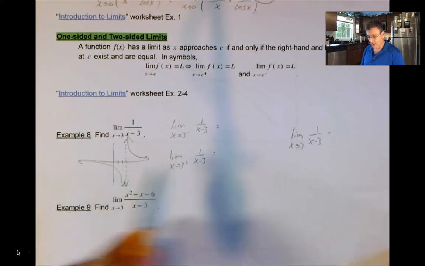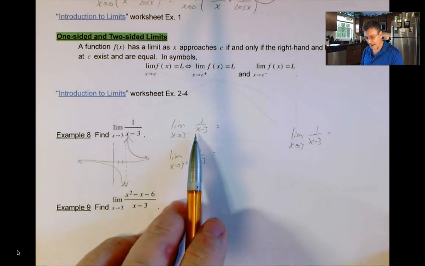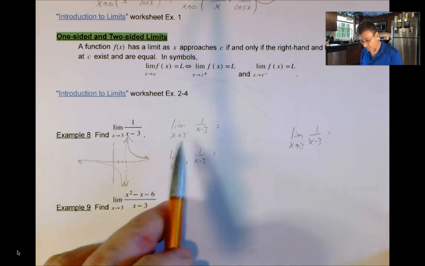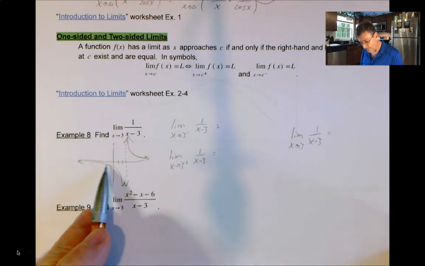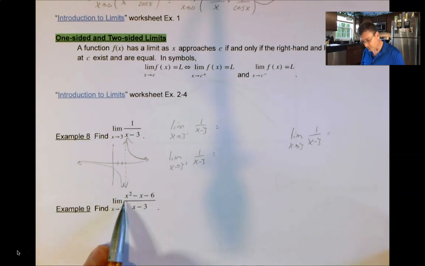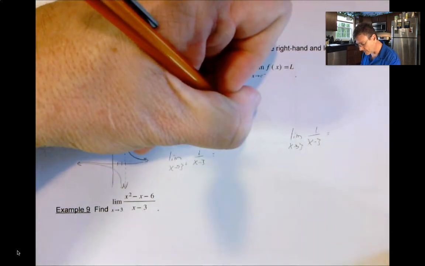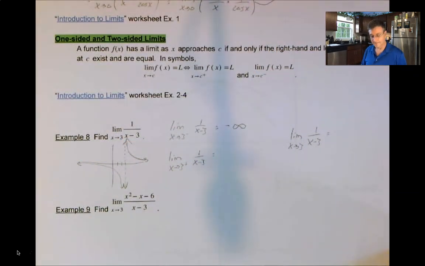As we approach 3 from the left, what's the function doing? As we get closer and closer to 3 from the left, it looks to me like the function is diving down and going to negative infinity.